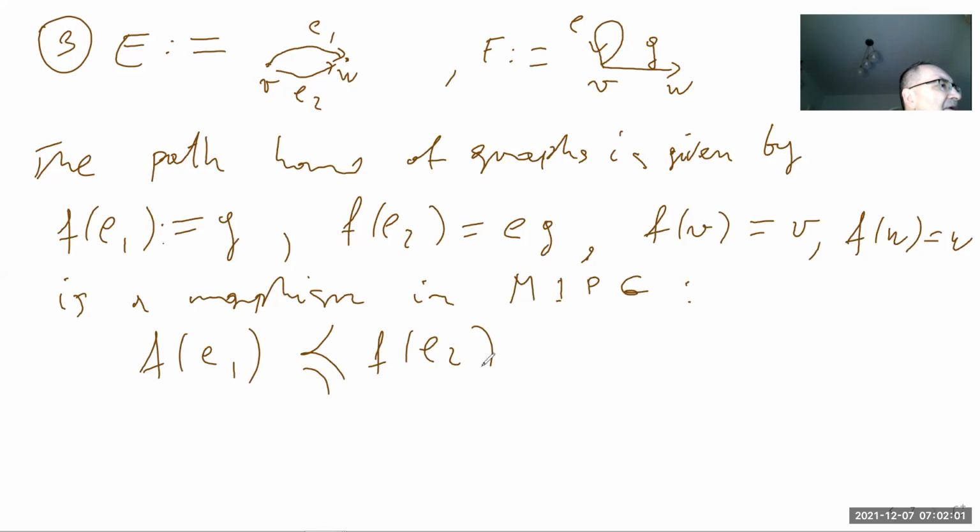I'm now confused myself. I say that it's a morphism in MIPG, but now I don't see it. Because it should imply that E1 is equal to E2, which is not true. So I'm afraid I screwed up this example.